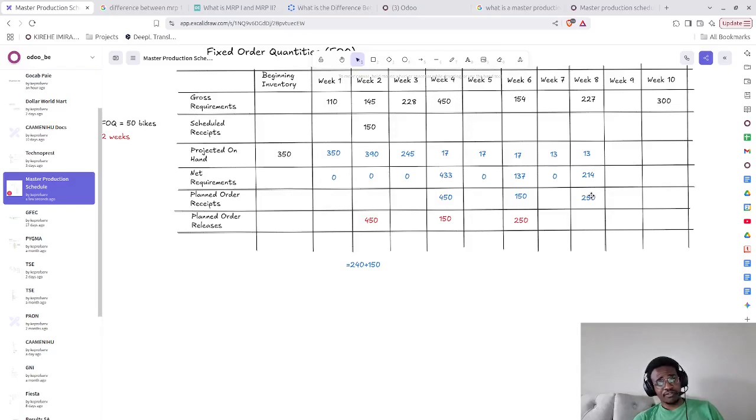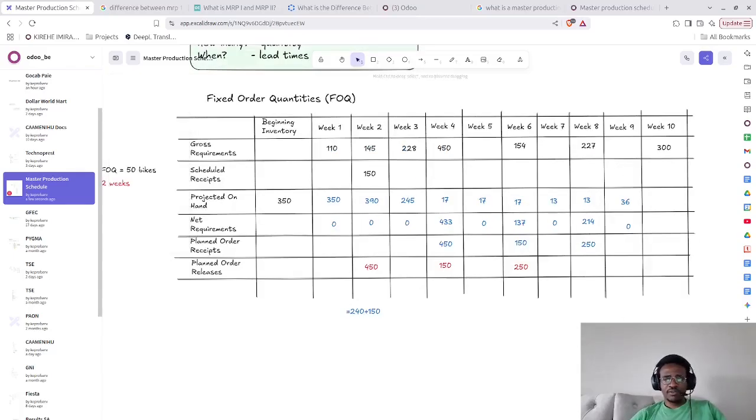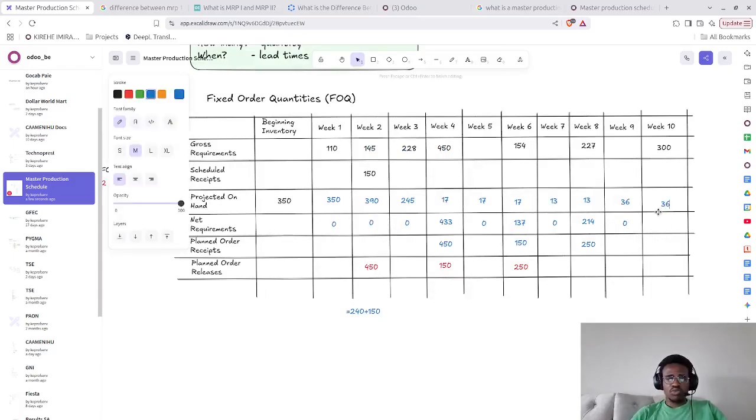I have 250 plus 13. It's 263 minus 227 is 36. So here I have 36 bikes going into week 9. I have no demand. I have no requirement. And then we carry the 36 bicycles into week 10.